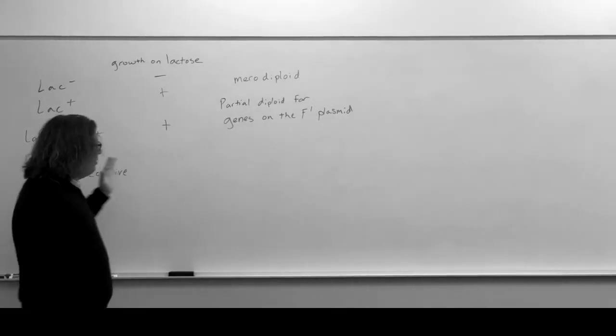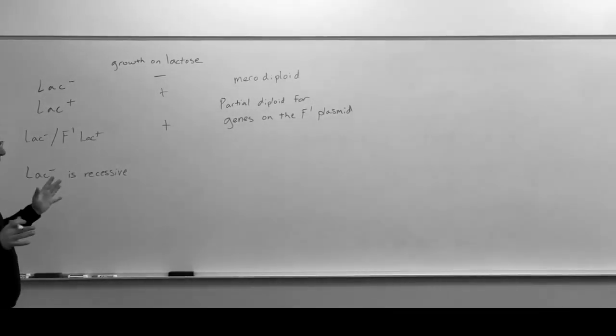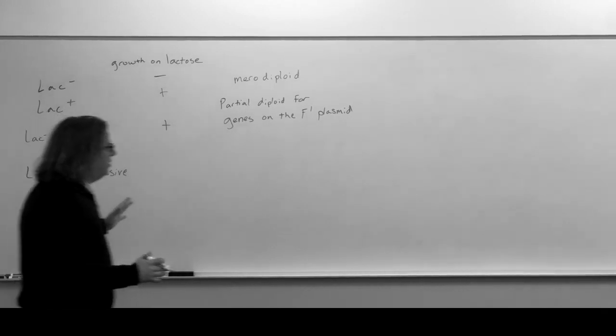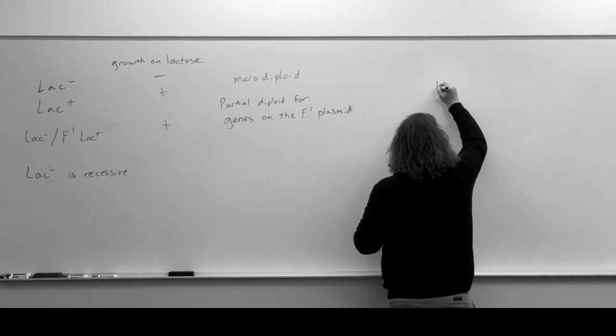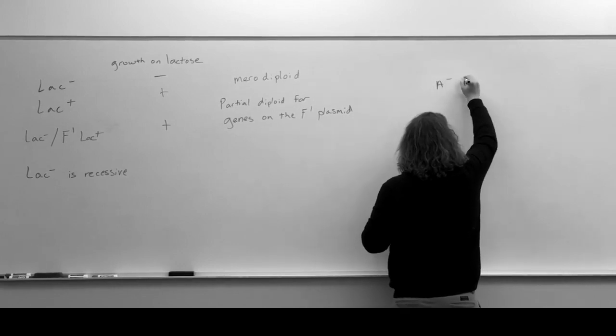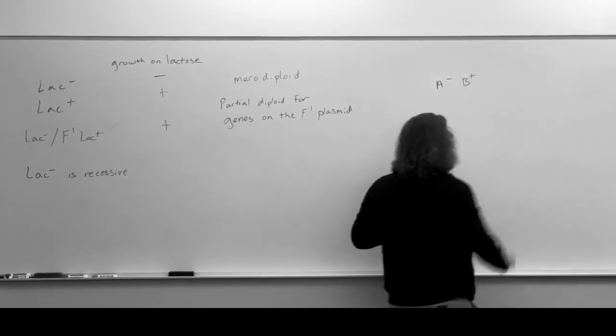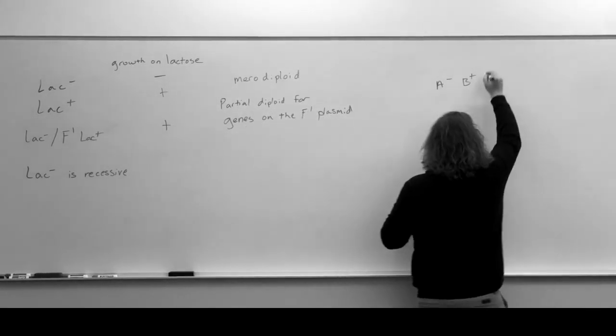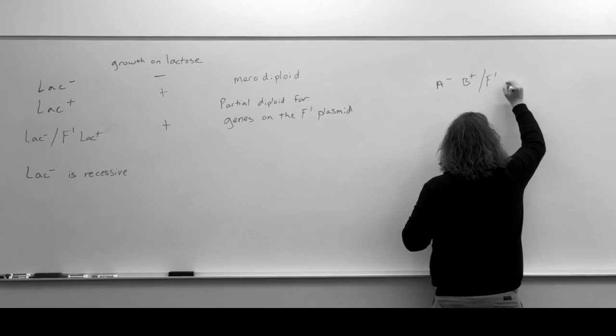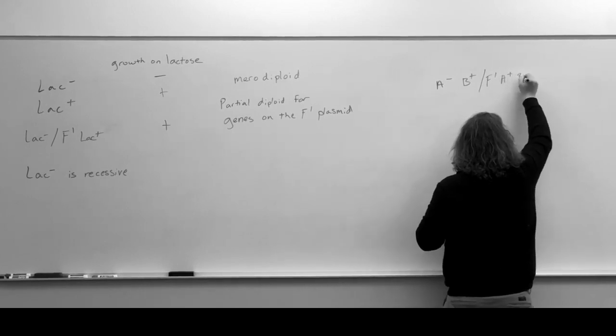We can also introduce, say we have two genes that are next to one another, and say we have a bacterial strain that is A minus B plus, and we have an F prime strain that is A plus B minus.